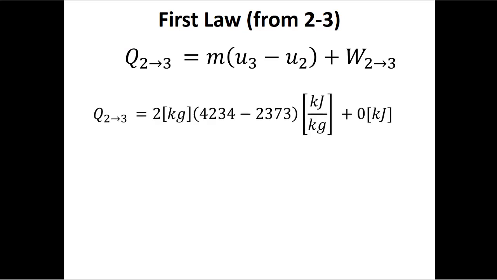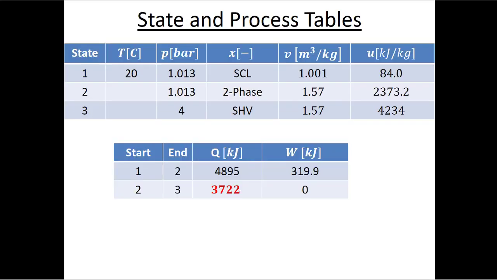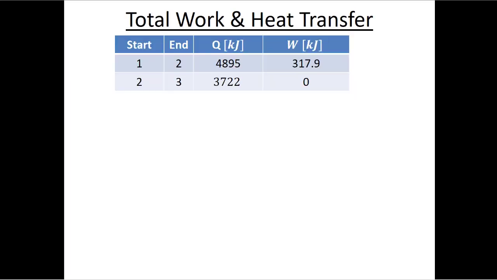I know everything here. I check my units again, so it's going to be kilojoules plus kilojoules, but this second term here is really just 0. So here, I'm adding a little bit less heat than last time at 3,722 kilojoules.